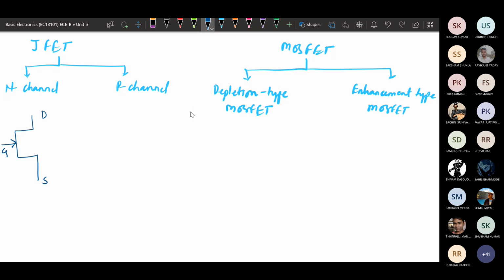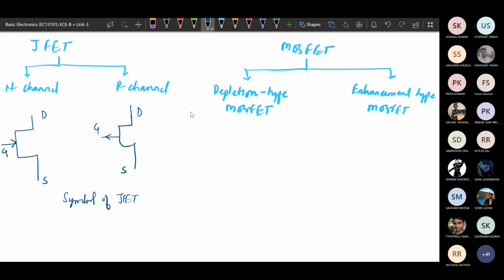Similarly, if it is a P channel JFET, the current arrow will be outside, with drain, gate and source as marked. So this is the symbol of the JFET, for N channel and P channel.